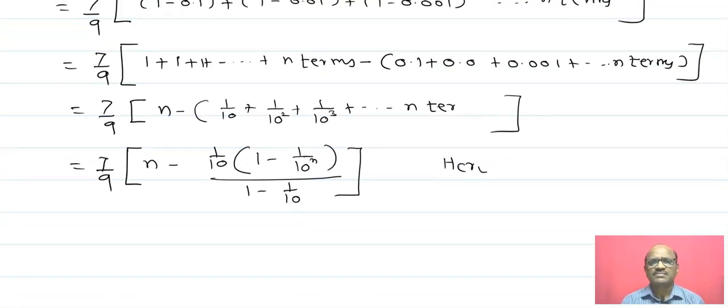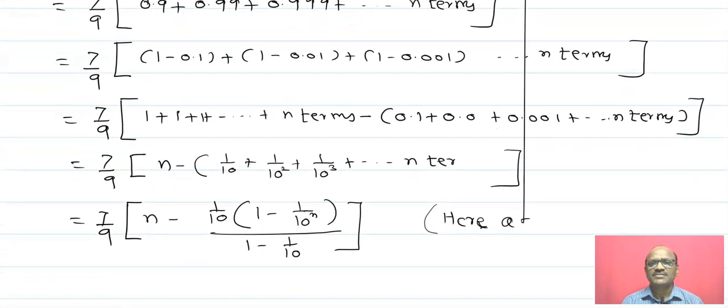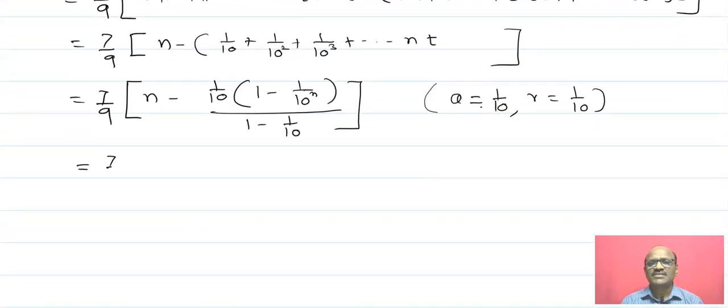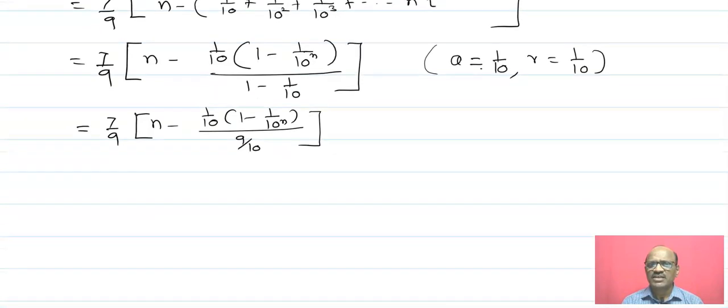Therefore, here I am writing the values: a is equal to 1 upon 10, r is equal to 1 upon 10. Now simplify this, that is 7 upon 9 in square bracket n minus 1 upon 10 in bracket 1 minus 1 upon 10 raised to n, whole divided by 9 upon 10.